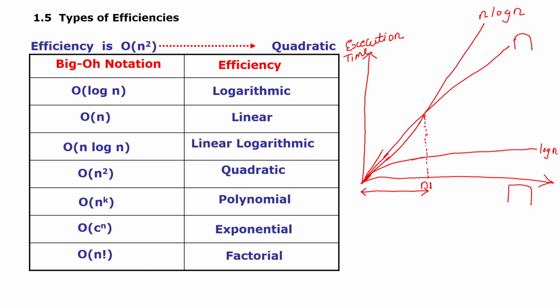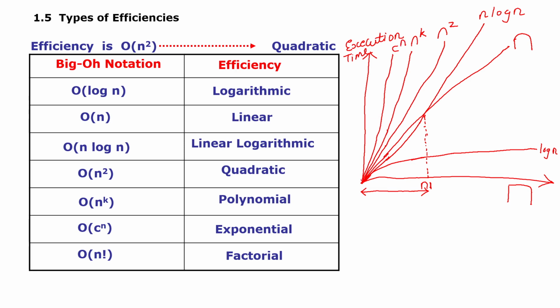Now after that, all the remaining algorithms are more and more inclined towards the y-axis. So this will be the graph of quadratic. Then this will be the graph of polynomial. They get more and more inclined towards the y-axis. Then this is the graph of exponential, c raised to n.